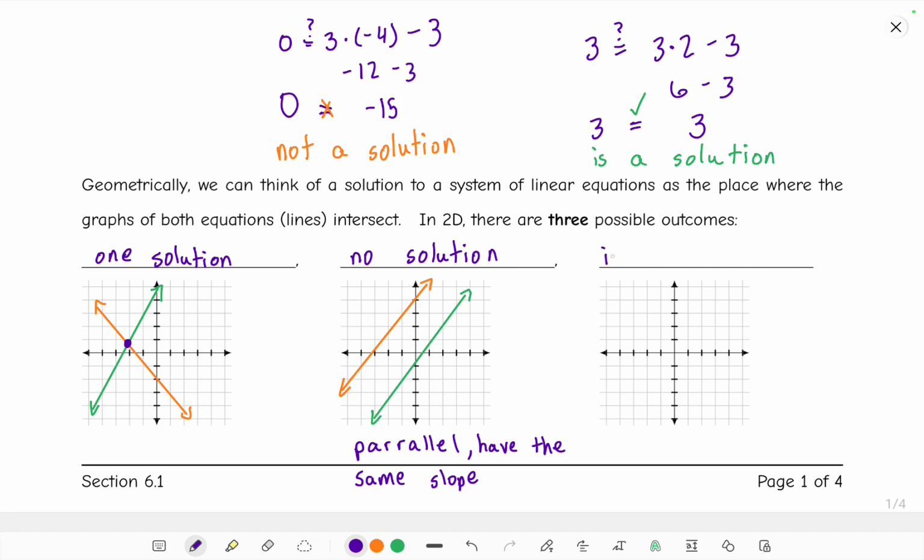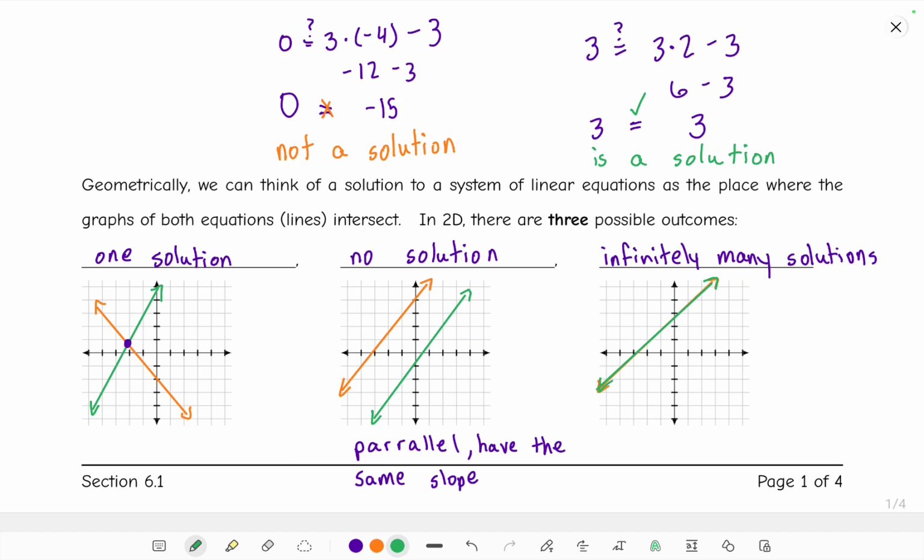Or you can get infinitely many solutions. That's where you have one line and the other line is right on top of it.